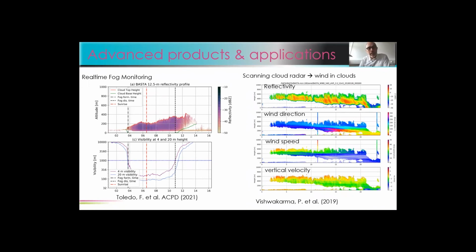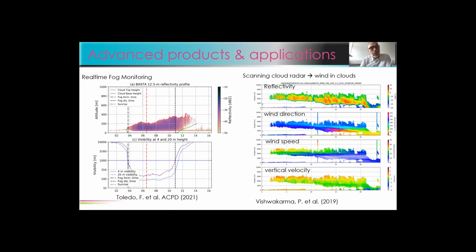Other advanced products that can be derived from cloud radar measurements are, for instance, for fog monitoring. What we're seeing here, again, is the time height cross-section of the reflectivity, and at the top left, we have a vertical profile of this reflectivity, giving us some information about liquid water content and droplet size.